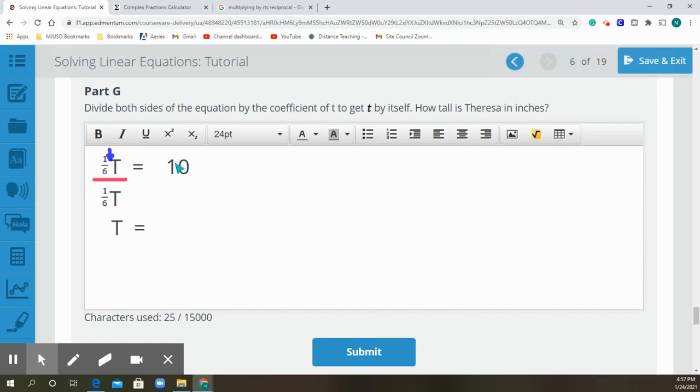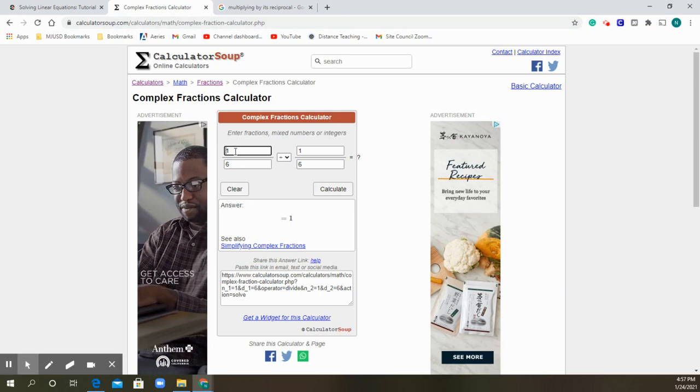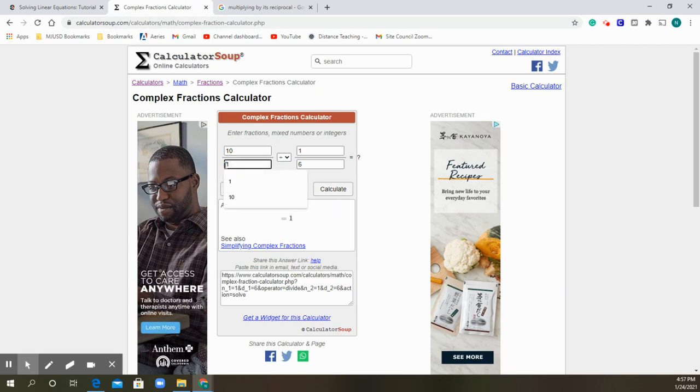Equals. So now I have to divide the 10 by 1/6. So 10 divided by 1/6. So let's look at 10, which is the same as 10 over 1. Okay. If 1 is the whole and I have 10 of them, 10 over 1 is 10.